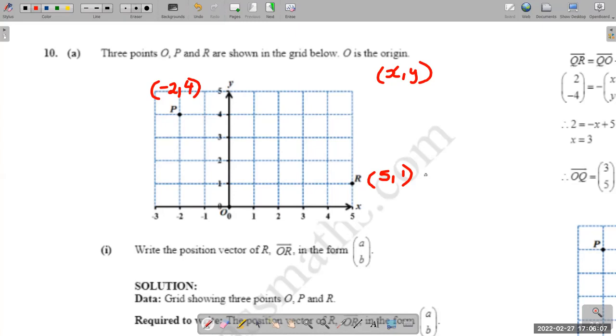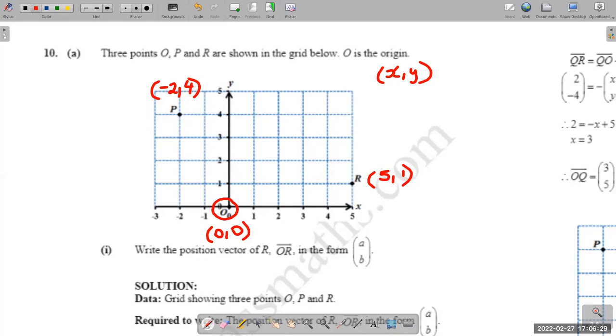Either way works for me. Let's make sure we all participate. Now that we can identify points, we know the origin is O. Anybody remember the coordinates of the origin? The coordinates of the origin is where X is 0, right in the middle here, and Y is also 0. This is something standard. This is something you must always remember.